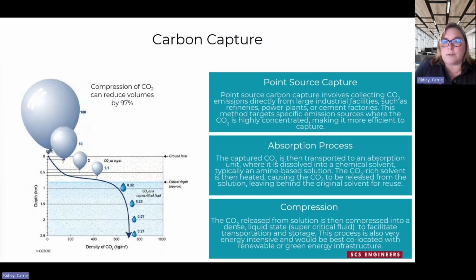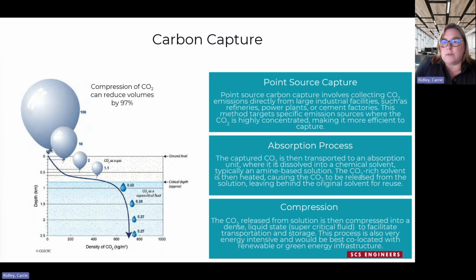Point source carbon capture involves collecting CO2 emissions directly from large industrial facilities such as refineries, power plants, or cement factories. These methods target specific emission sources where the CO2 is highly concentrated, making it more efficient to capture. The captured CO2 is then transported to an absorption unit where it is dissolved into a chemical solvent, typically an amine-based solution.